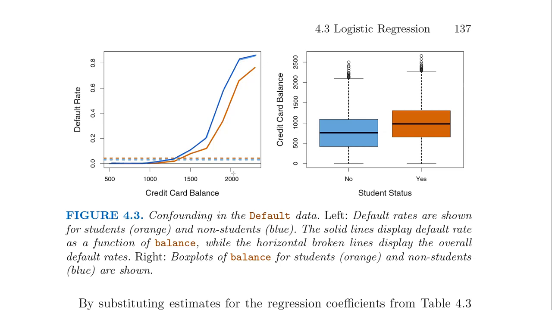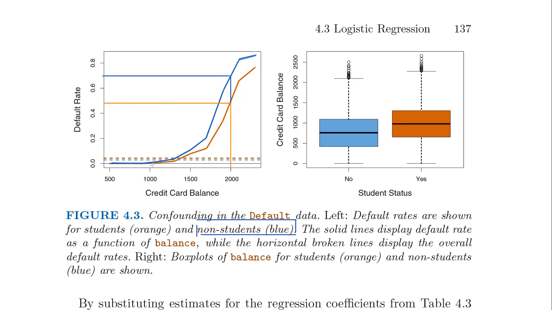So take all the non-students, blue, that had a balance of 2,000. So many of them defaulted. Now take all the students that had a balance of 2,000 as well. Only so many of these defaulted.